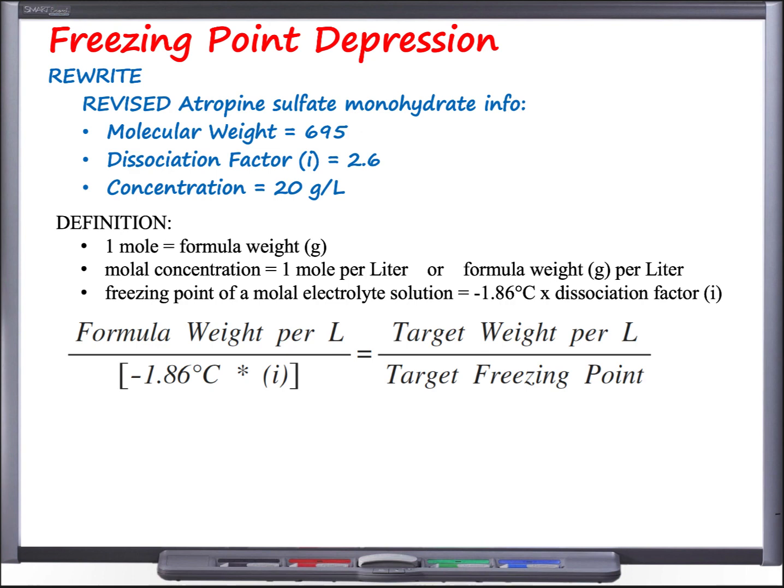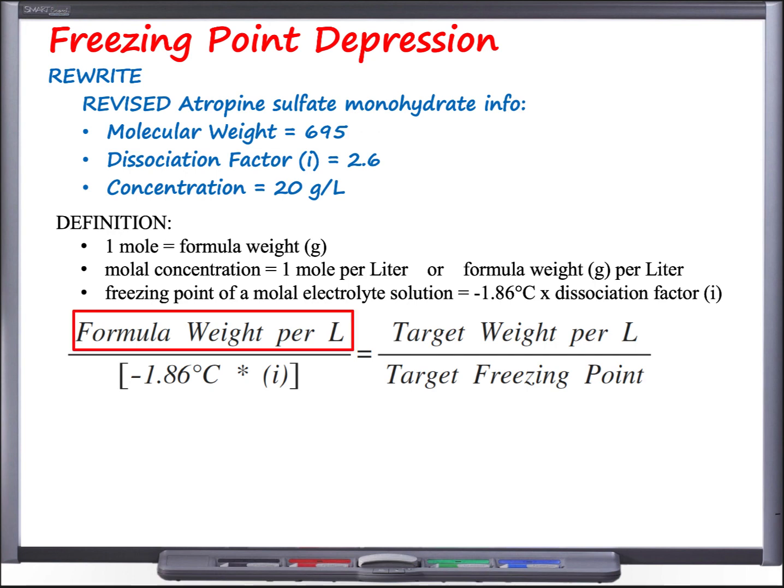Why do we need to know that? Because the fact that we need to know is that the freezing point of a molal concentration of electrolyte solution is equal to negative 1.86 degrees Celsius times the drug's dissociation factor. Okay? Now, having said those facts, let's set those up in the way we're going to solve this question. Let's just restate those facts.